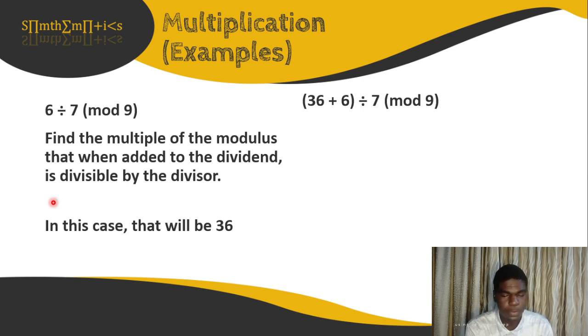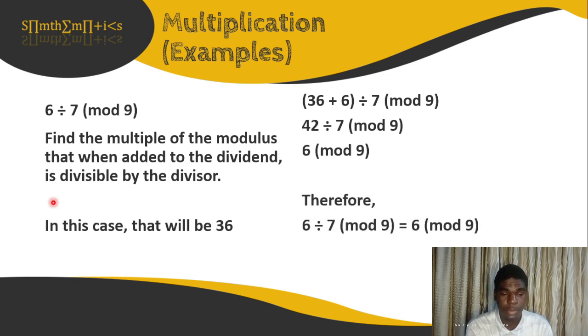So 36 plus 6 divided by 7 in mod 9. That's 42 divided by 7, and then we have 6 mod 9. So 6 divided by 7 mod 9 is equal to 6 mod 9. Very easy, right?